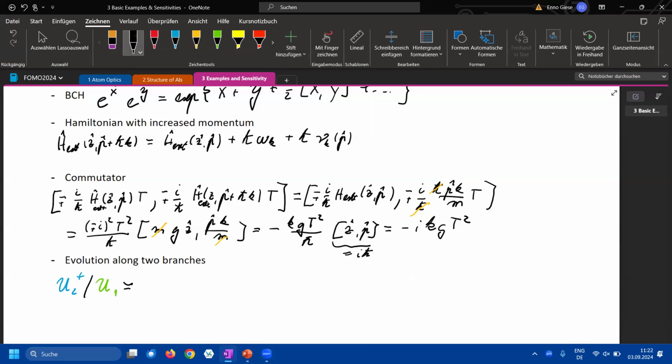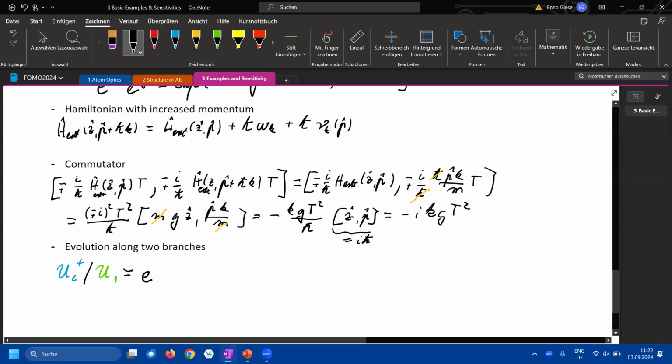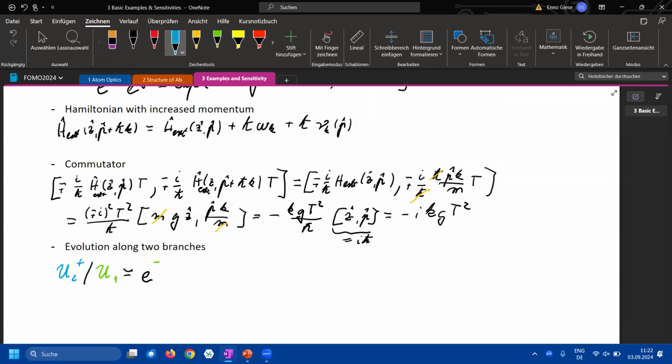Their forms are still written on that board. For our case, it is now e to the, well, if it's 1, it's a negative time evolution. If it's 2, it's a positive time evolution. And then it is i times H external of z and p times T over h bar.